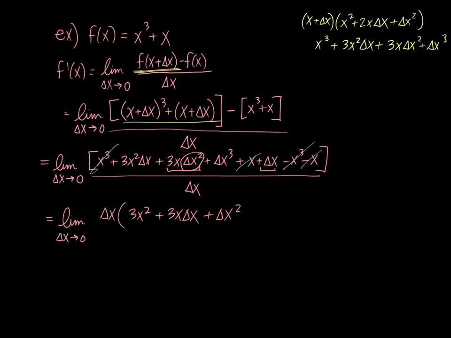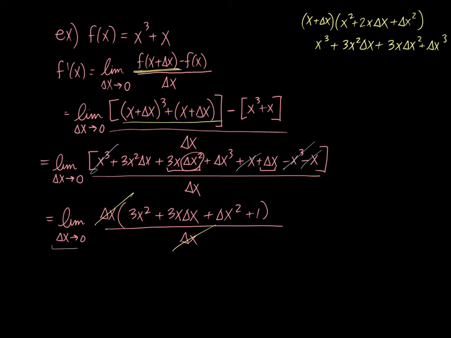And then the term delta x, when I take delta x out, I'm left with plus 1. So when everything that's left has a delta x in it, some of those terms will still have delta x in it, some of them will not. But the good part is, the reason this happens the way it does, is that delta x and that delta x can cancel. Now I can take the limit.